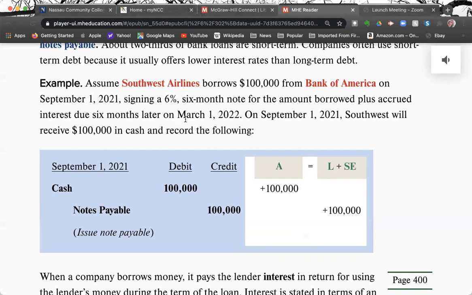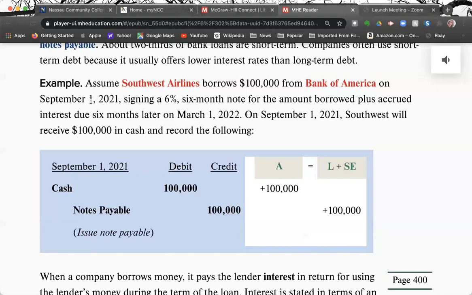Now this money doesn't have to get paid back until March 1st. September 1st, 2021, March 1st is in 2022. Interest is accumulating on that note from the day you took out the loan.